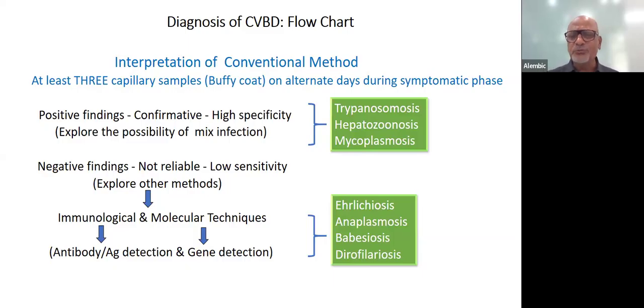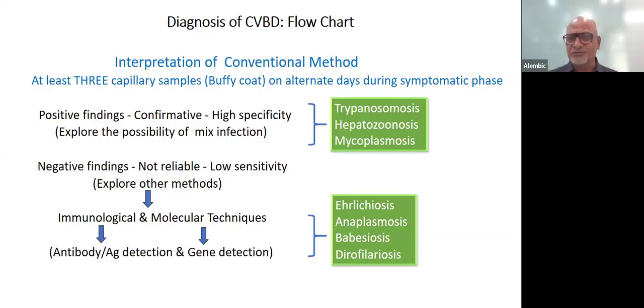Okay. So trypanosomosis, hepatozoonosis also, if you look at the life cycle pattern of hepatozoonosis, you will find that after entering the body, the organisms rapidly multiply in the endothelial cells of different visceral organs. Then after one generation of asexual reproduction, the gametogonous stages are thrown into the blood and they appear in the WBCs. So within 15 to 20 days, those gametocytes appear in the WBCs.